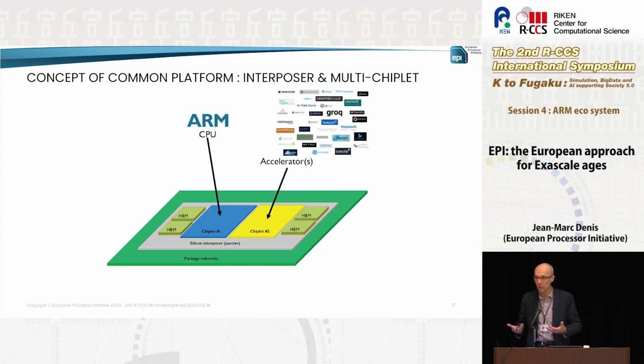And this is what we want to offer to the market: an open platform, an open die-to-die connection, and we are going to publish the specification of the die-to-die connection this year to make sure that any company who is developing an accelerator can implement their accelerator IP with the European processor.